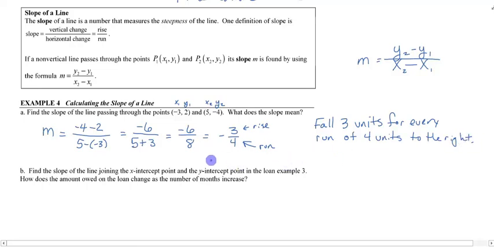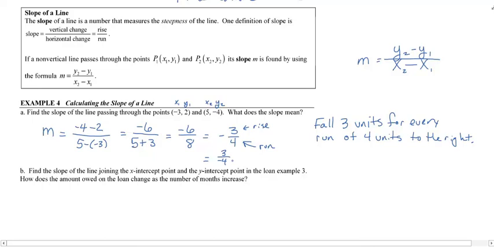Now there's other ways you can interpret this slope as well. You could put the +3 on the top and the -4 on the bottom. That's equivalent to -3/4. So you would rise 3 units and run to the left 4 units. So just make sure that you're only making one negative move if your slope is negative.